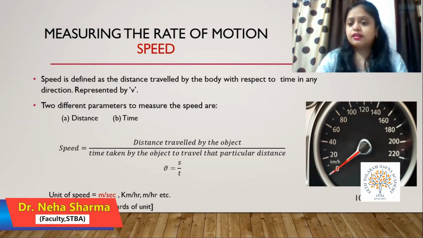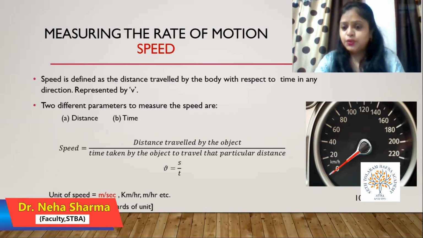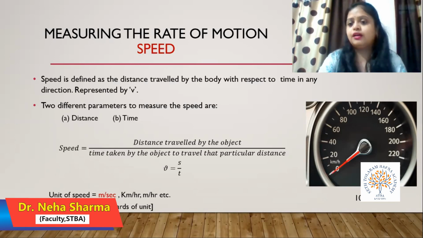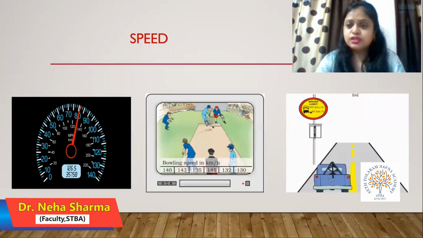Like in your car, there is a speedometer. In the right corner picture, a speedometer is shown. The unit you observe is km per hour, that is kilometer per hour. It denotes speed. In some speedometers, you might observe the unit is mph, that is miles per hour.